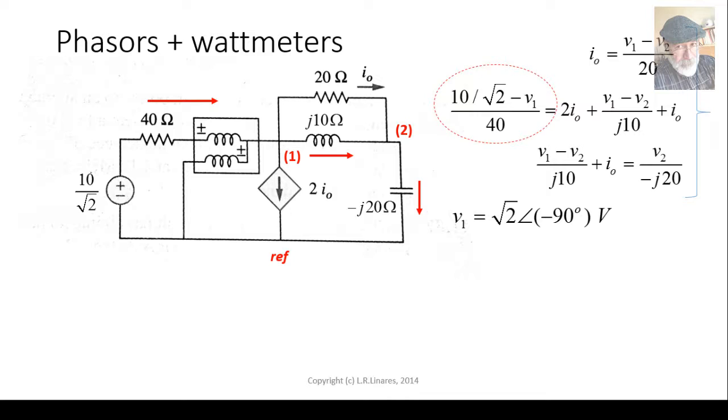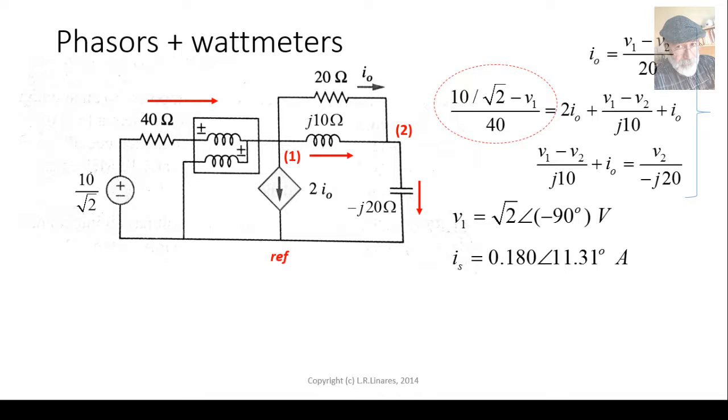That current happens to be given by this computation: 10 over root 2 minus V1, over 40. And now we know V1. We can compute that current as 0.180 with 1131 degrees. That is the current in the wattmeter. And we know V1 is the voltage in the wattmeter.